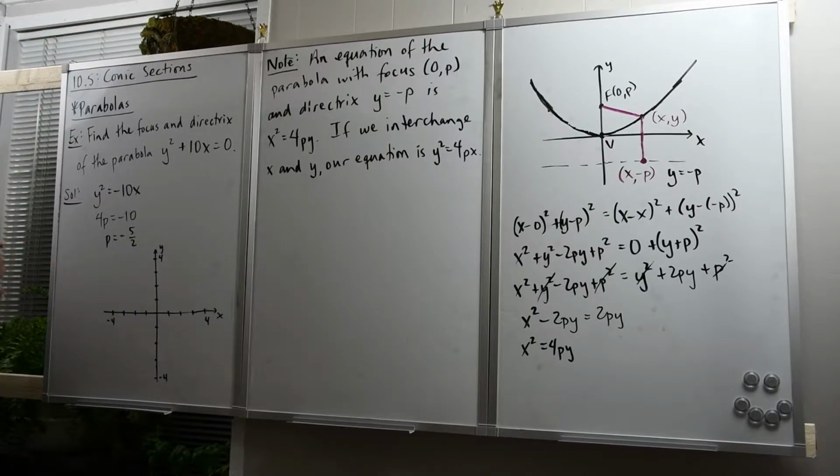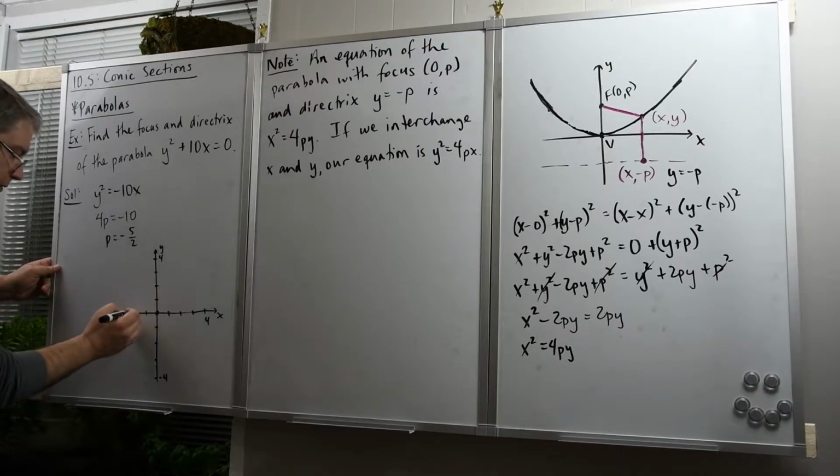All right, so the vertex, once again, as I mentioned, is located at the origin. But with this equation being in the form y squared equals 4px, we're looking at a parabola that's going to be opening horizontally instead of vertically. But if p is negative, that means the parabola is going to be opening to the left. And the focus is going to be to the left of the vertex. In fact, 5 halves units to the left of the vertex. So our focus here is going to be at negative 5 halves, 0.